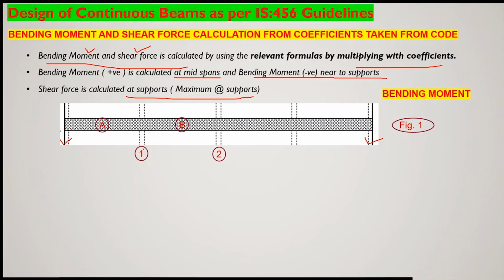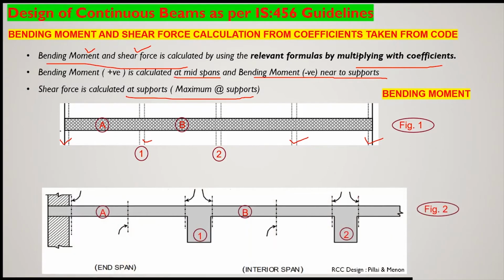So this dotted beam shown will be acting as a support to the beam. This will be the first support, which is next to the end support, and support number 2 will be known as an intermediate support. Similarly, support number 3 is also termed as a support next to the end support.